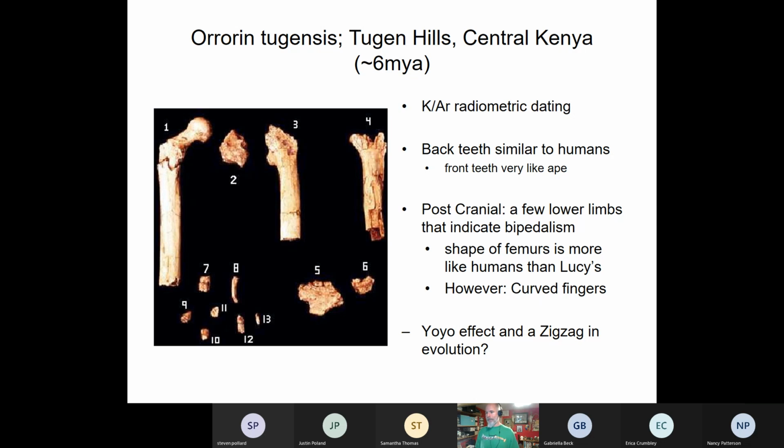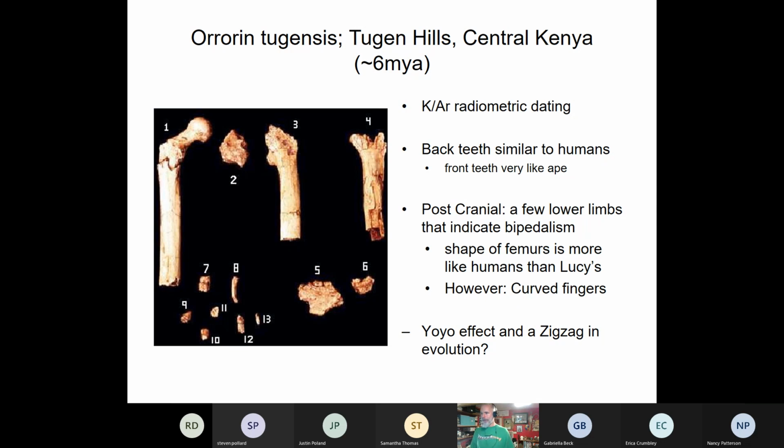There are teeth represented there, and those teeth are definitely similar to humans. The back teeth are not necessarily robust like you find with the hominoids, but like you find with humans, meaning their back teeth aren't chomping down like a gorilla would on a stalk of bamboo.